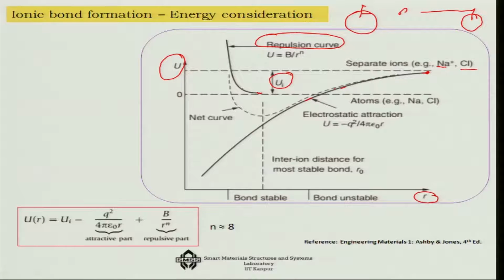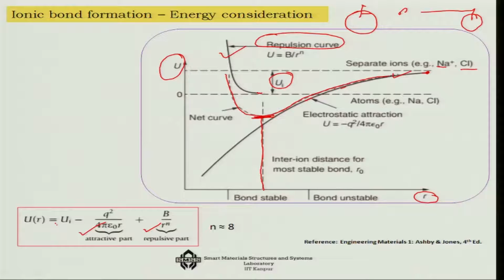So if I superimpose this repulsion over the internal energy plus the energy due to attraction, we get this kind of net energy curve, and that net energy curve has a minimum, you can see it. Because there are these two counteracting forces working, that minimum point is where the bond becomes stable.